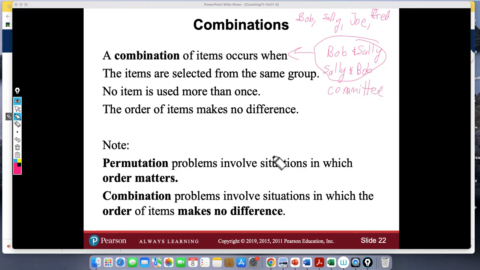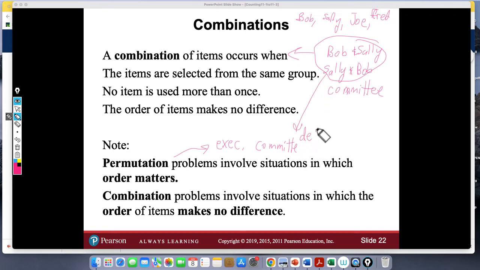Now, permutation, this might be different if the first person chosen is the president and the second person chosen is the vice president. That's a different dynamic, right? So permutation means order's important. If it's what we might call an executive committee, it will have a different dynamic if Bob's the head rather than Sally.